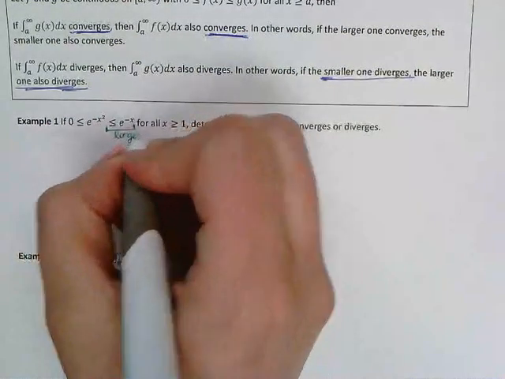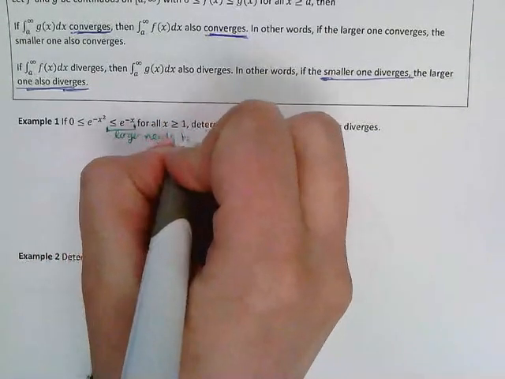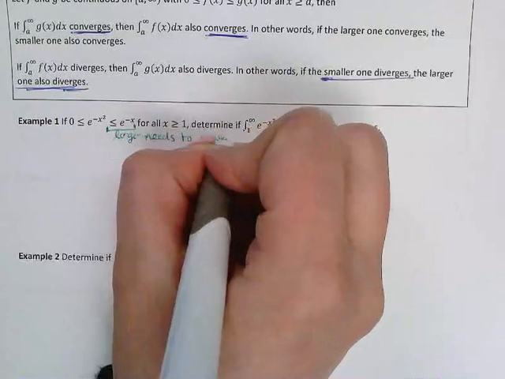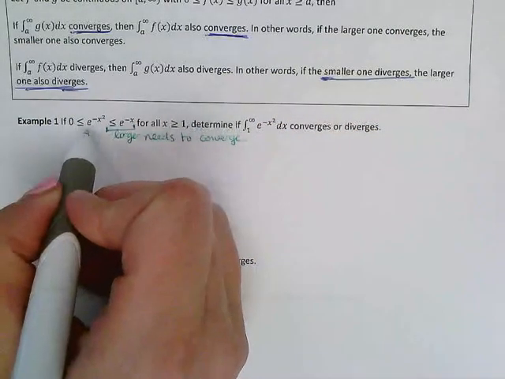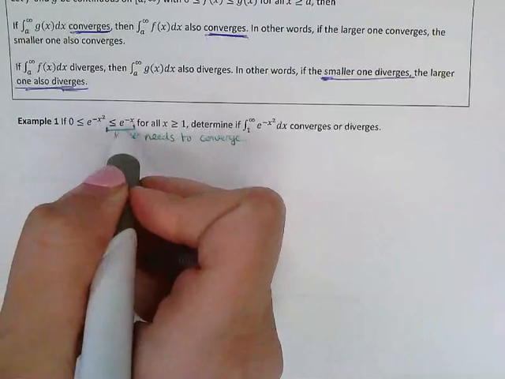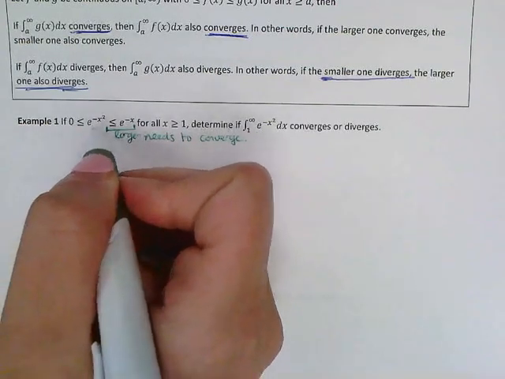So here the idea is that the larger one needs to converge for the smaller one to also converge. If the smaller one diverges, then the larger one diverges.